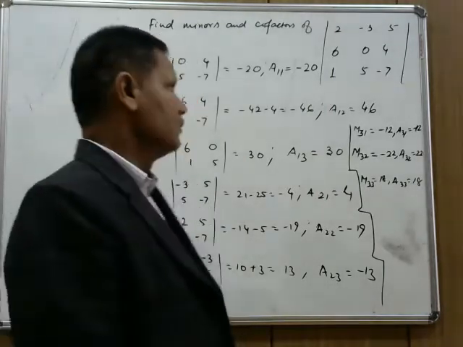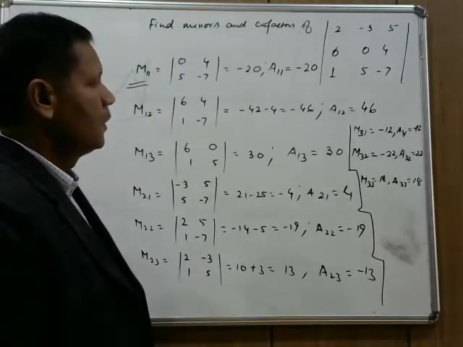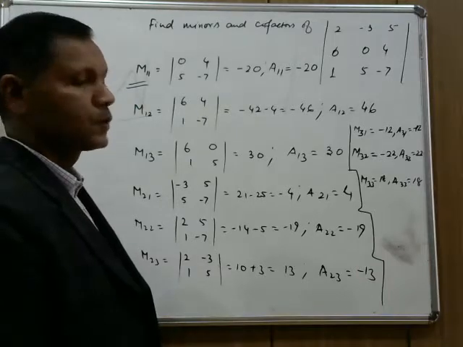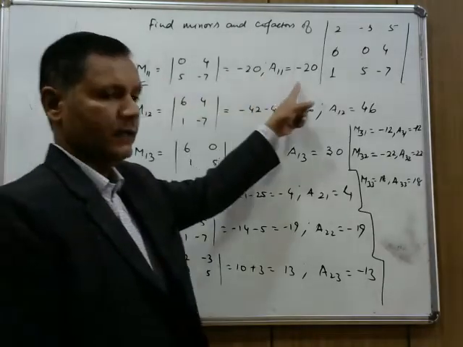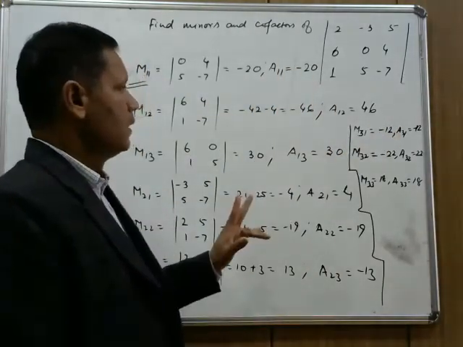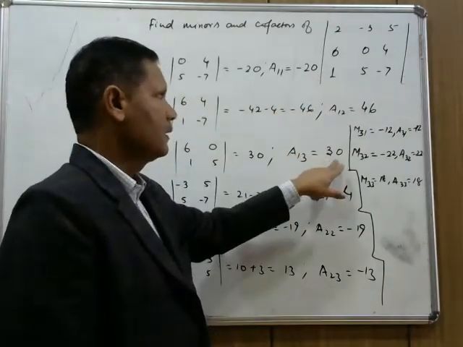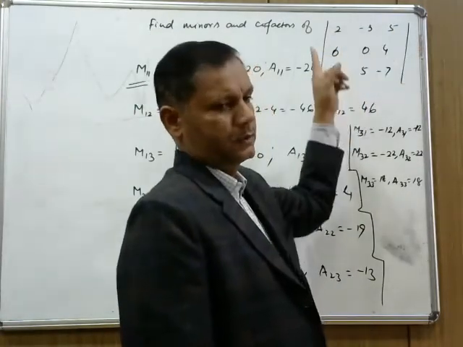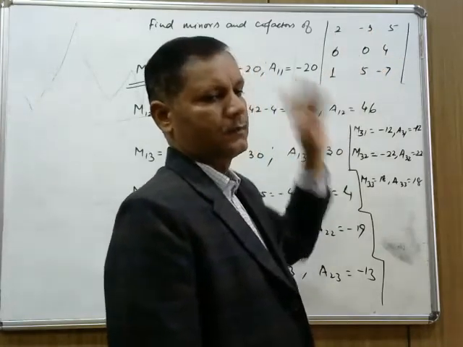Okay. Now, what do we do in the adjoint of any matrix A? We just transpose its cofactors. That is, we have to find out minors, then we will find out the cofactors, and then we will transpose the cofactors. That means minus 20, 46 and 30, which is in terms of rows, I will write in terms of columns.